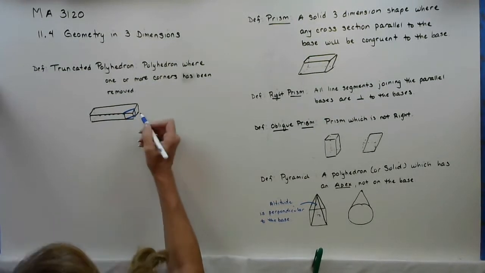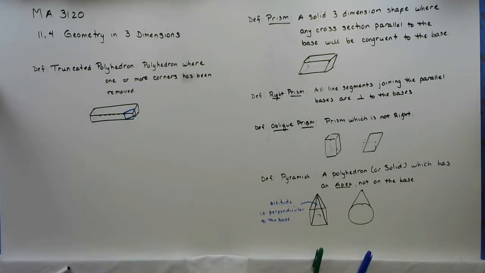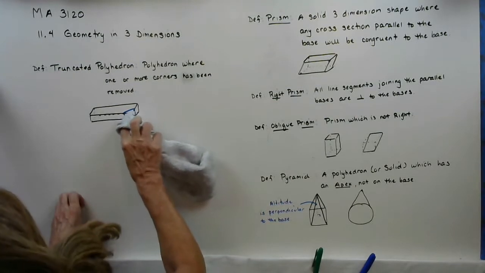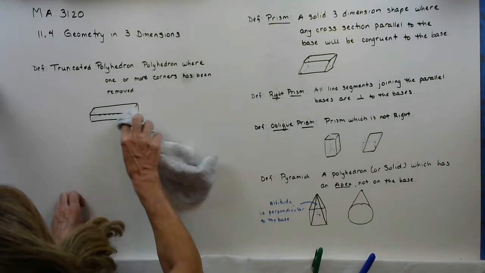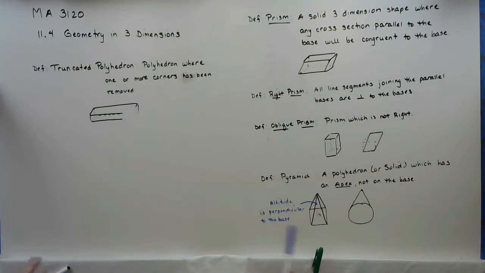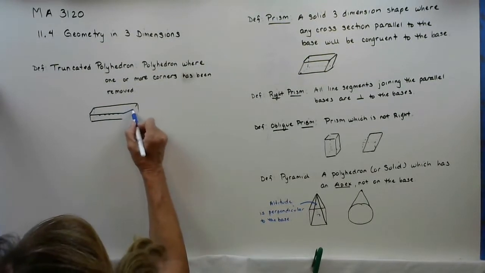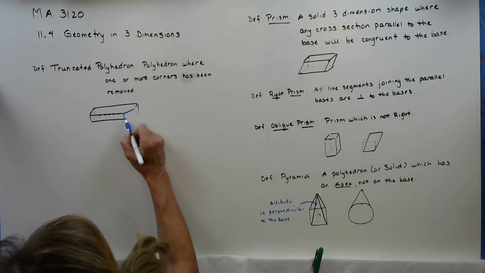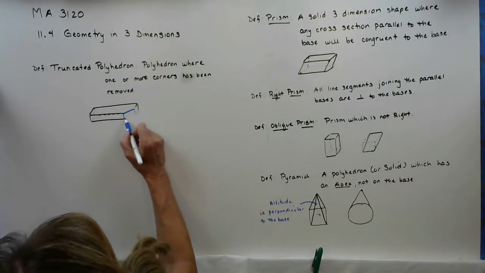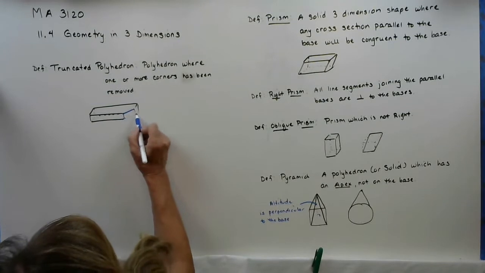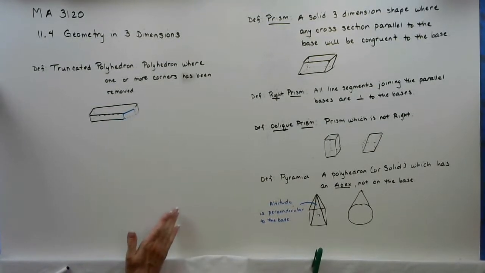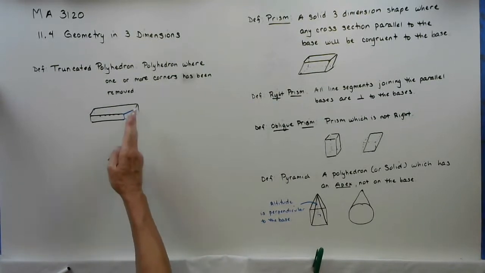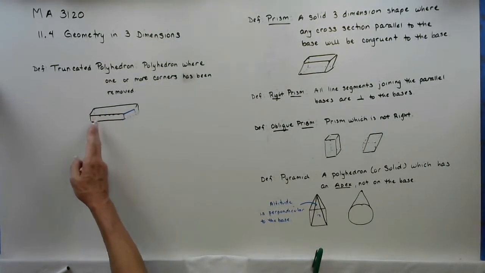If I cut that piece off, it's now missing this piece. And so what ends up happening is it's been truncated. Part of it's been cut off. So it's now not the exact same shape as I go all the way through it.